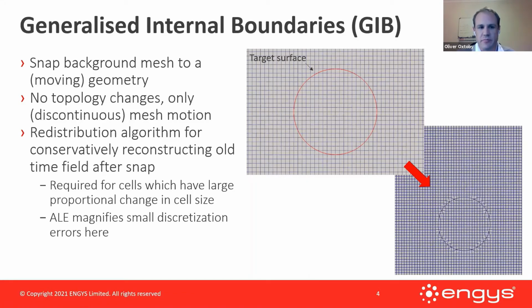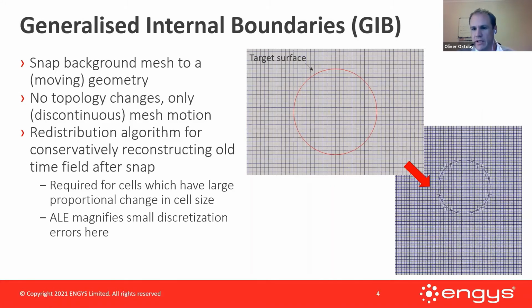The advantage of this compared, for example, to a cut cell method is that you don't have any topology changes in the mesh. It's actually a purely mesh motion problem, but obviously a very discontinuous one at the surface of the geometry.